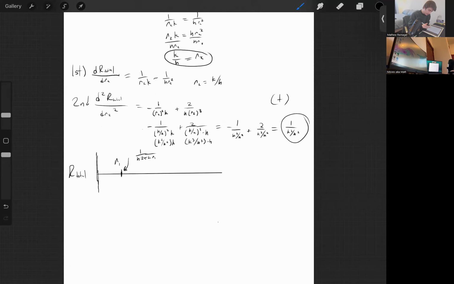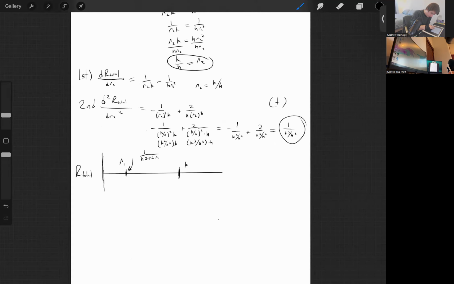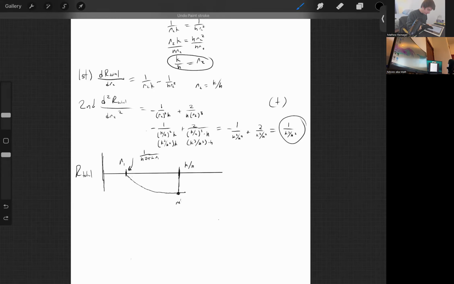So if this is a minimum at the extrema value that we found, which is K over H, then starting from our initial resistance, this is actually our minimum value.